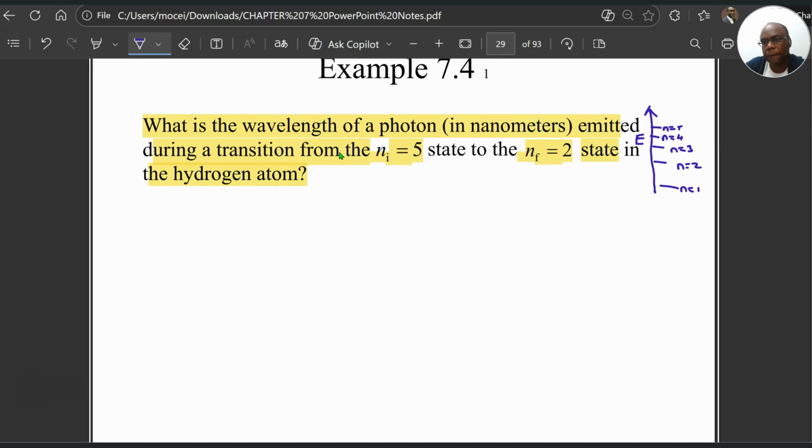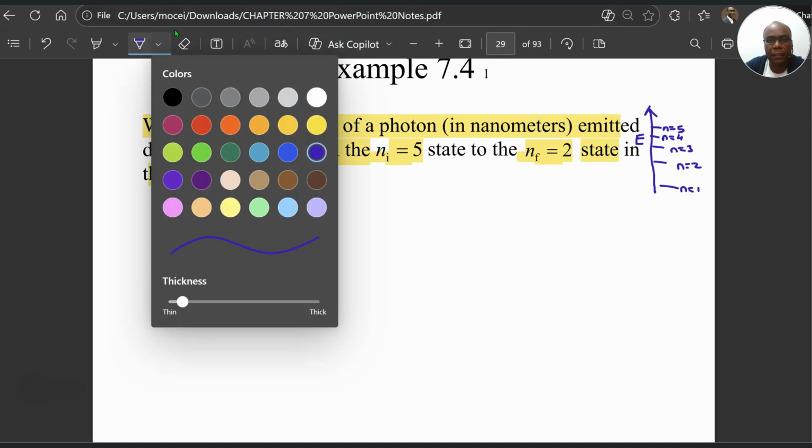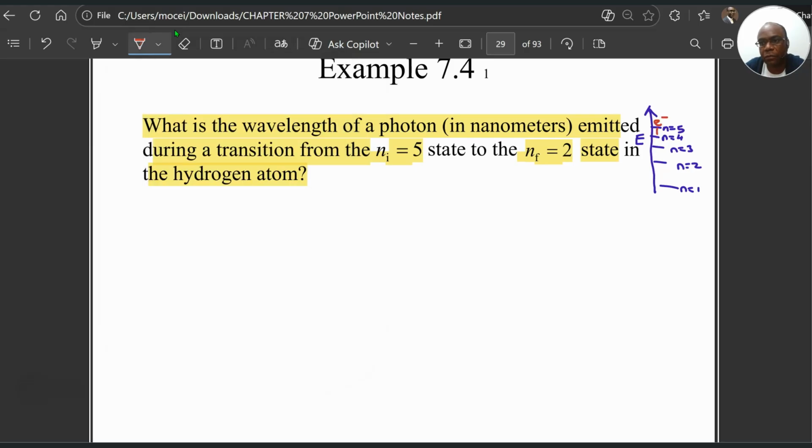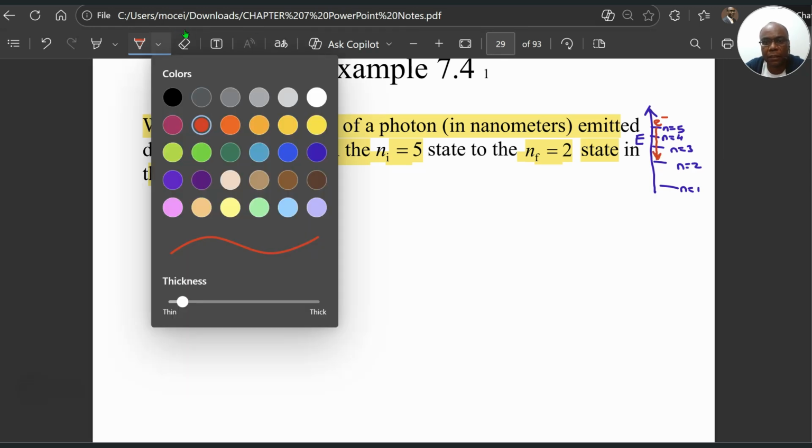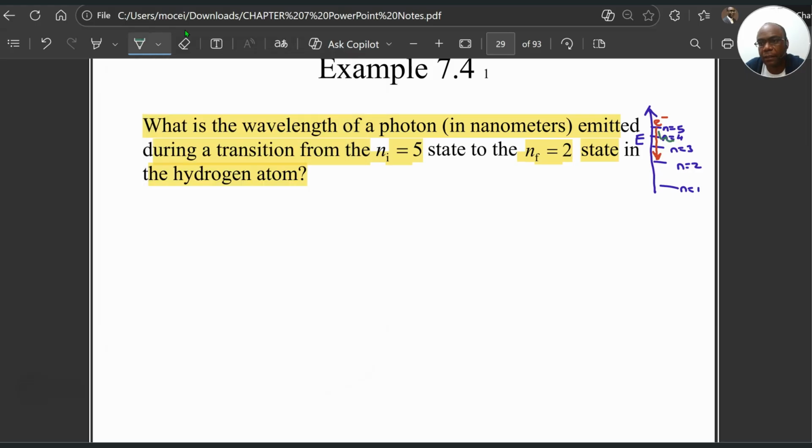So an electron right now is on energy level 5 and is dropping all the way to energy level 2. As it does so, it is going to emit a photon or light of a given energy. And that light of given energy is going to have a given wavelength, which has to be reported in nanometers, and that's what we need.